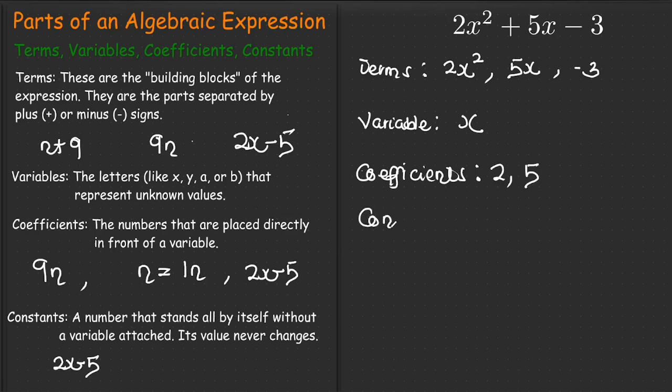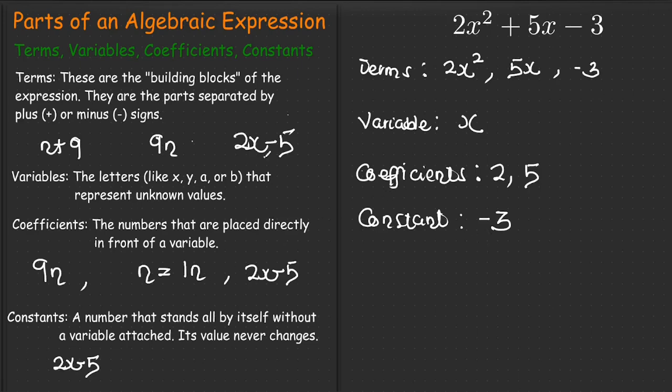Then the last one, which is our constant, which number stands alone? That is the negative 3 over here. It stands alone. Now, you might ask why I am adding the negative to it. The sign should always be with the number.